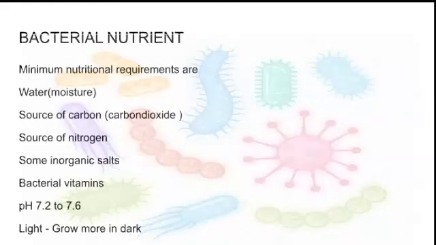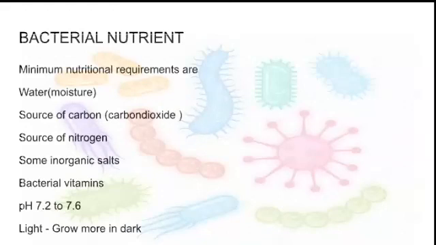The minimum nutritional requirements. The first thing is moisture. Wherever there is moisture, there is risk of bacterial growth. That's why whenever we talk to the patient regarding hygiene, you should talk about moisture. Do not leave moisture in any places, especially in between the toes or in between the fingers where the bacteria may sit and grow.